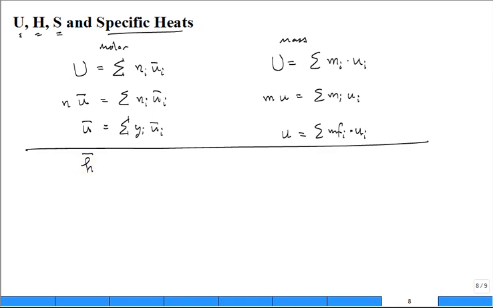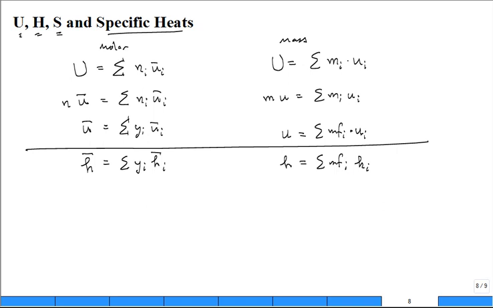H bar, the same type of algorithm, is equal to the sum of Yi H bar I. And on a mass basis, the mixture enthalpy is equal to the sum of the mass fraction for each component times each component's enthalpy.